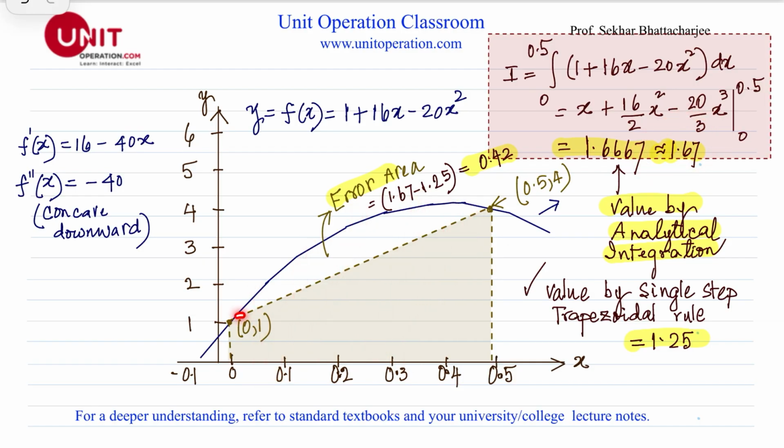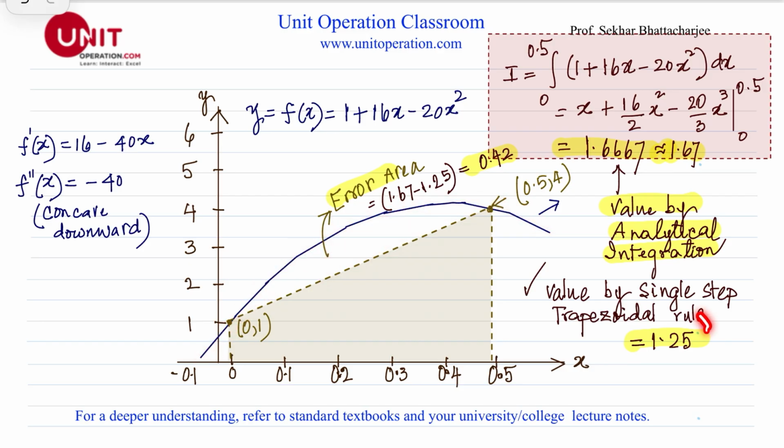The difference between the two is the error introduced because of the assumption of the single step trapezoidal rule. This value is approximately 0.42, and it arises because there is a good curvature. If we take the first derivative and then the second derivative, it is negative 50, so it is concave downward. That's why this error is introduced.